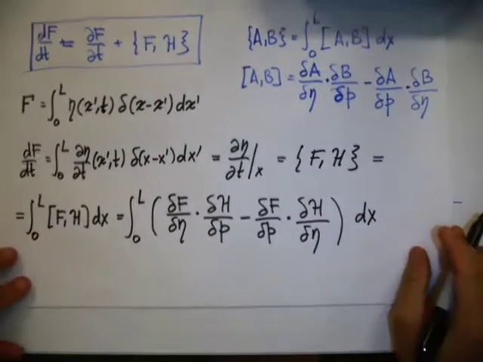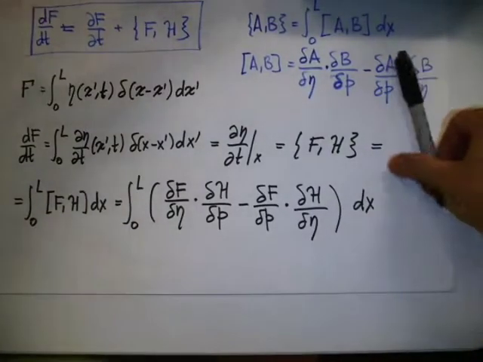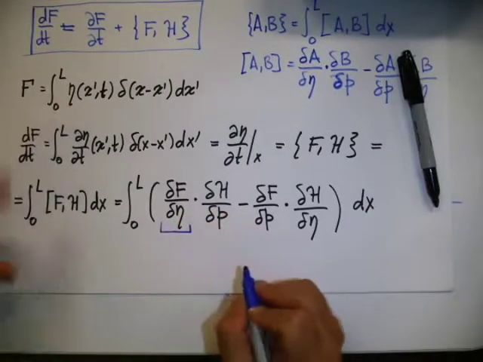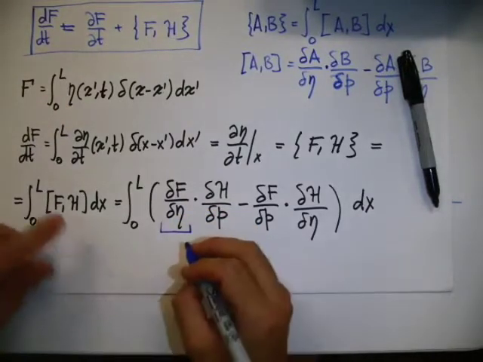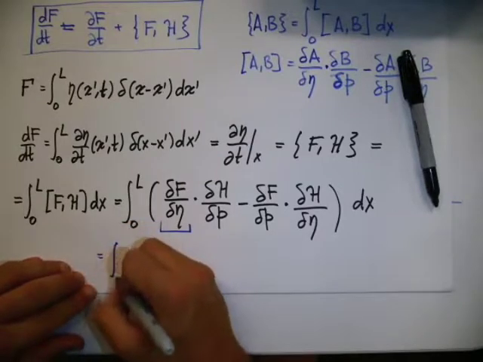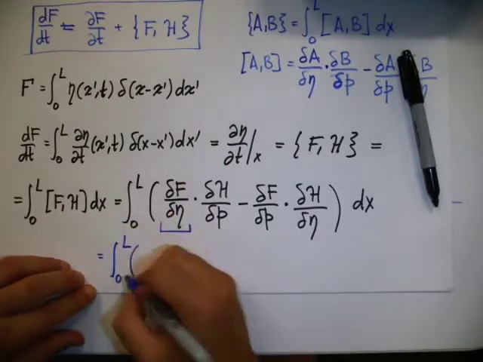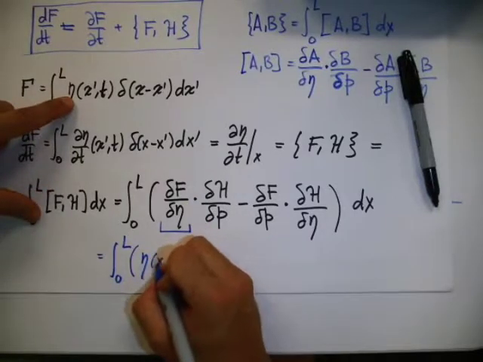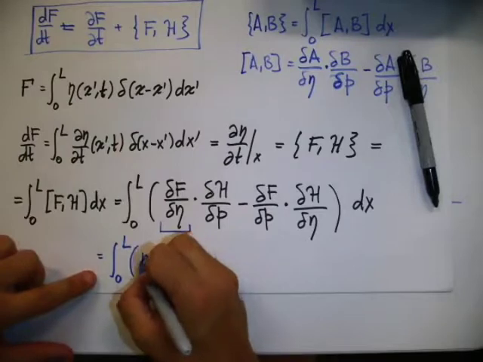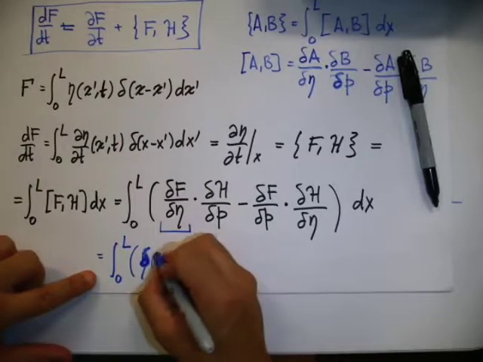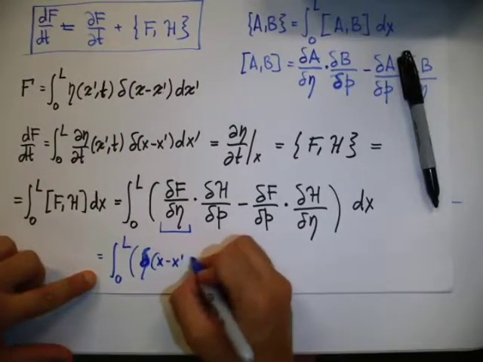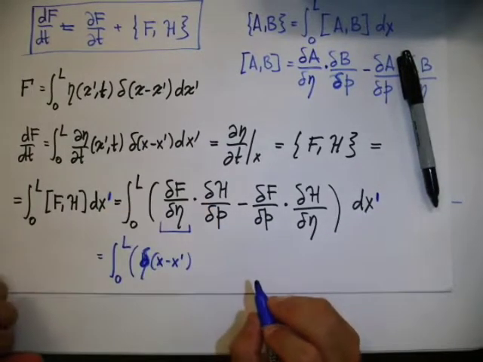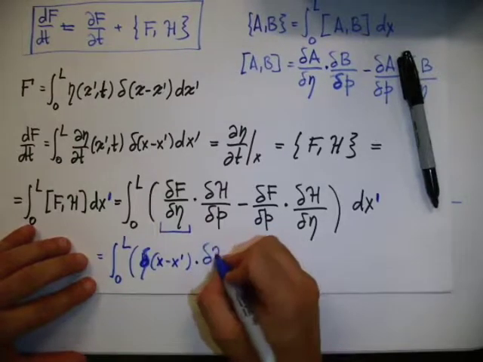But now this is my functional, so what is the variational derivative df d eta? It is equal to the integral between 0 and L of delta of x minus x prime. Here we can do the integration in x prime, times dh dp.